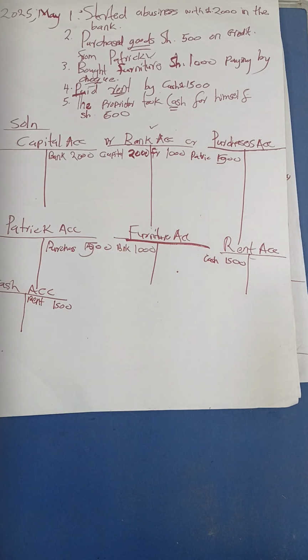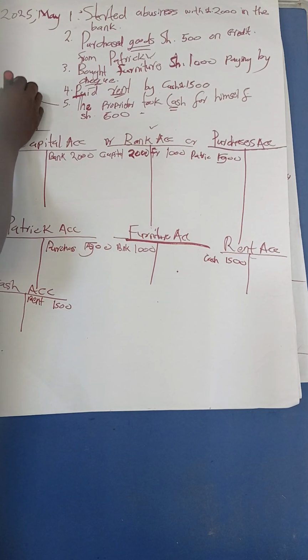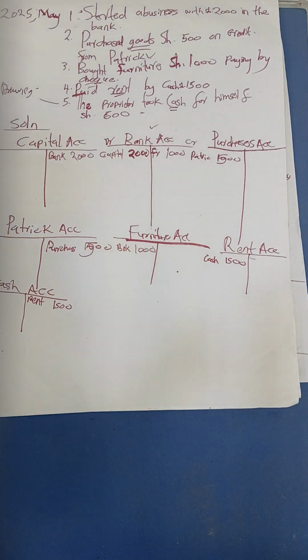So you'll have to open drawings, because when you take something from the business, it's called drawings. Even if you are operating a business seriously, you'll treat it as drawings. And if you are operating under the concept called business entity concept, it says that you have to treat the business as a separate entity from your own dealings. So if you take something from the business, you have to treat it as drawings.